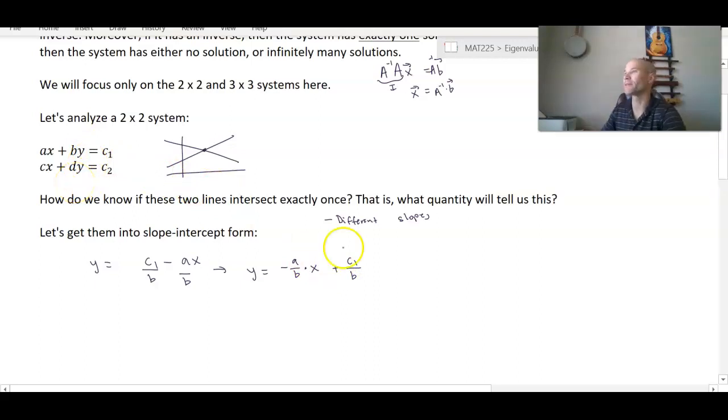C1 and C2 could be positive or negative. So this doesn't necessarily mean this has a negative slope, because if A is negative and B is positive, then we end up with a negative negative, which is a positive.